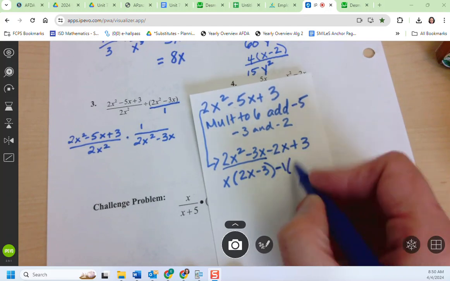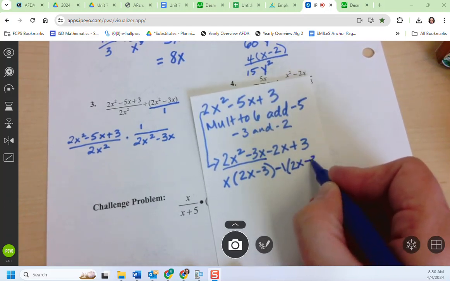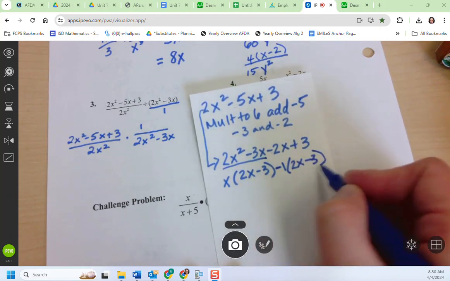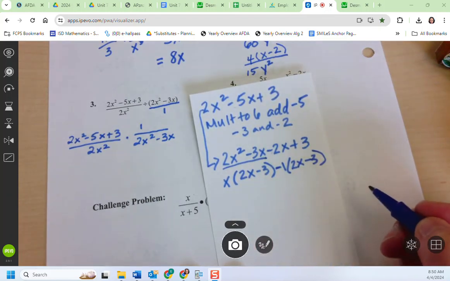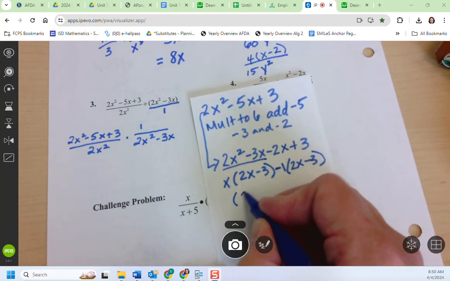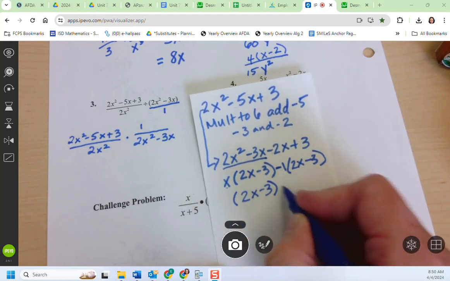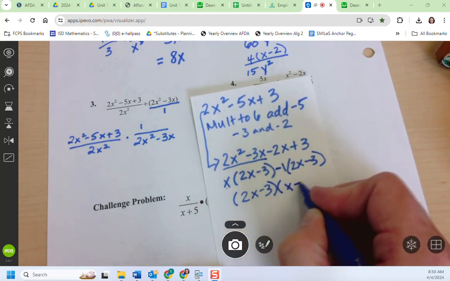By dividing this by negative 1, the 2x becomes positive, and the 3 becomes negative, and now they match up, 2x minus 3, 2x minus 3. Then, one of your factors is the inside, the 2x minus 3, and the other factor is the outside, the x minus 1.